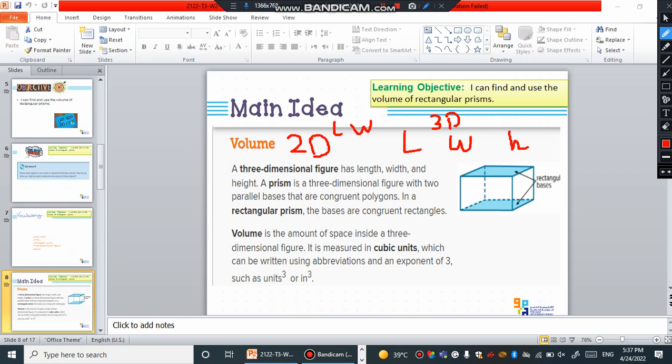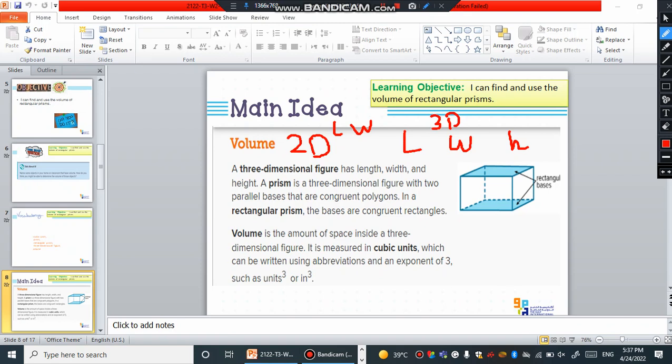So a prism is a three-dimensional figure with two parallel bases. If you can see here, the base up on this shape is a rectangle, and the base down on the bottom is also a rectangle. So this base and this base are exactly equal. For example, L and W will be the same.